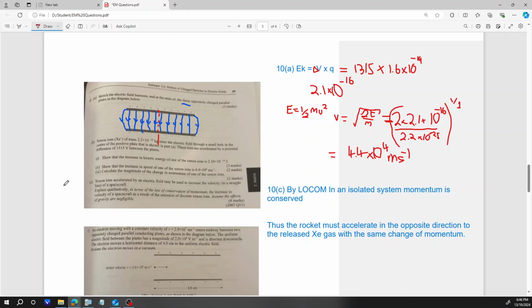Calculate the magnitude of change of the momentum of one of the xenon ions. All right, change of momentum. The initial momentum is effectively 0.